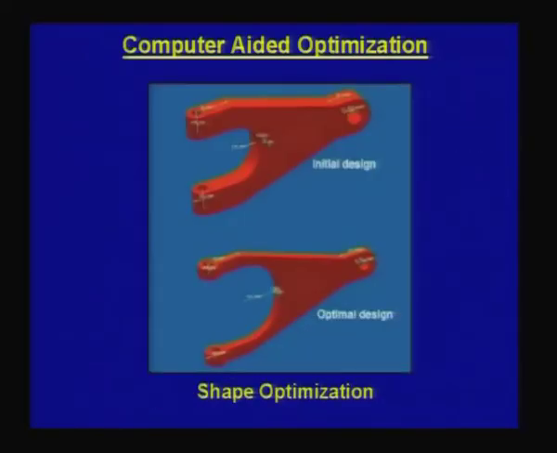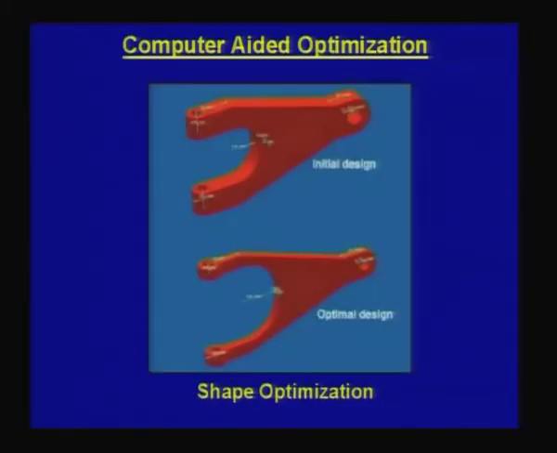In many mechanical systems, shape and size optimization can be carried out using computers. In shape optimization, one tries to look at the optimum shape of a component or product which does the intended function satisfactorily, but at the same time minimizes either the weight, mass or volume. I will just show you an example.